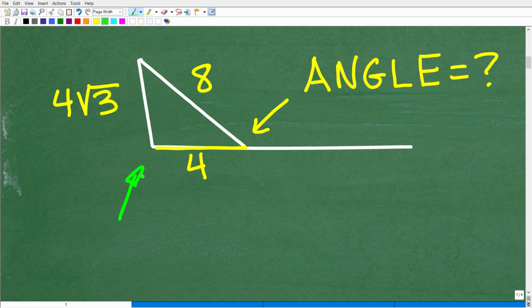Now, you might be saying, well, that's not fair. Well, they're trying to really test your ability to be careful because in mathematics, symbols really are very, very important.